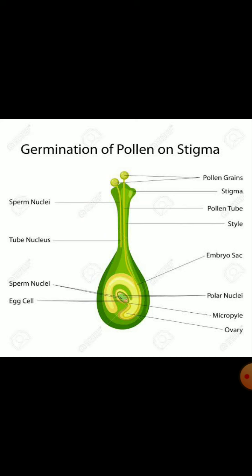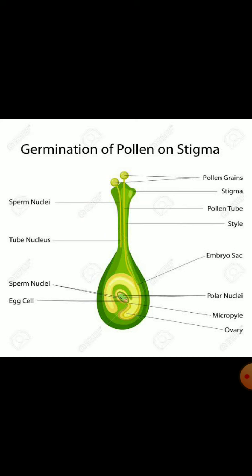So that has to be transferred into the ovary. Now, the stigma is the topmost part and the ovary is the bottom part. How can this pollen travel from the stigma to the ovary? There should be some connection, right, for passing pollen from the stigma to the ovary.